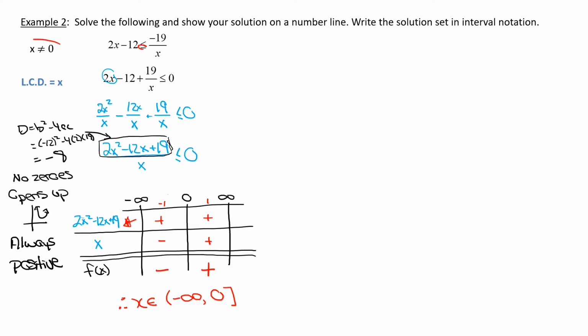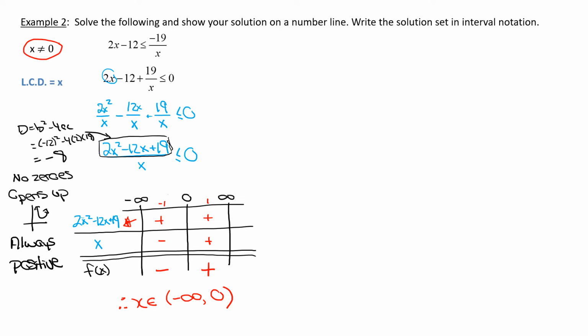But we've got a restriction. So that rules out the fact that it was less than or equal to. I have to make a round bracket. So remember, round bracket because of the restriction, not because the original question says less than or equal to, but we can't be equal to 0 because we have an asymptote there.